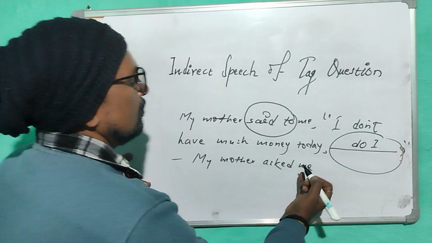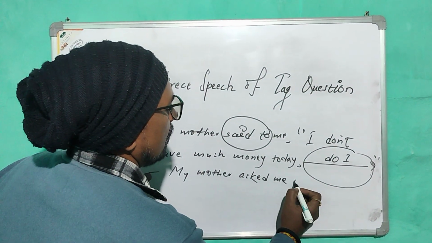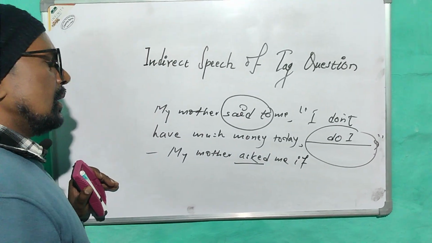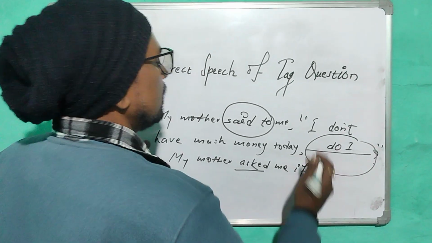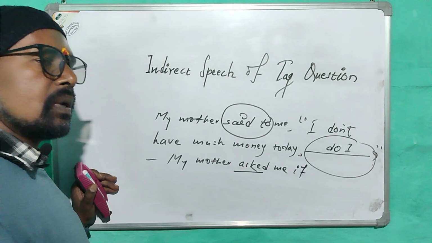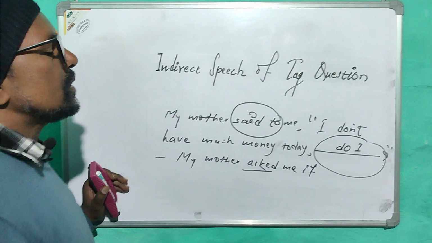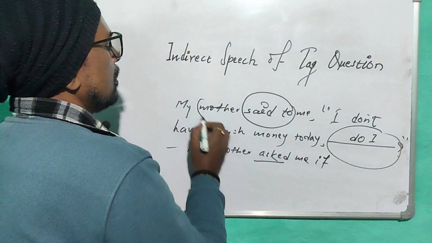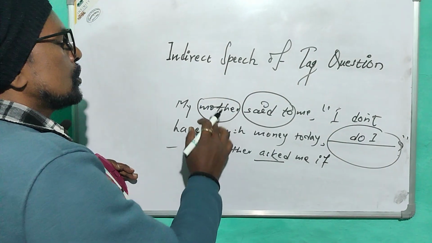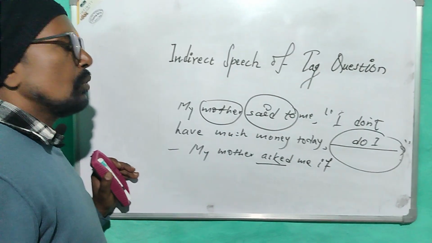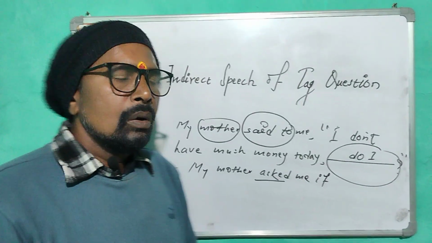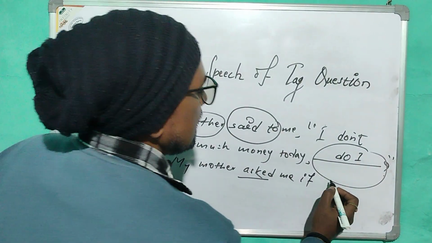So after me, I am going to write if. My mother asked me if I. I means first person in the reporting speech of direct narration, so the first person must be changed according to the subject, my mother. So instead of I, we have to write she.